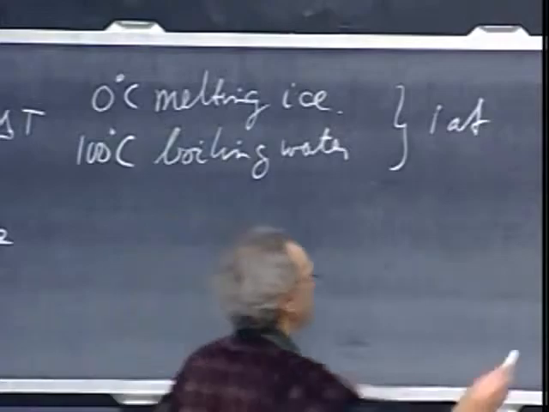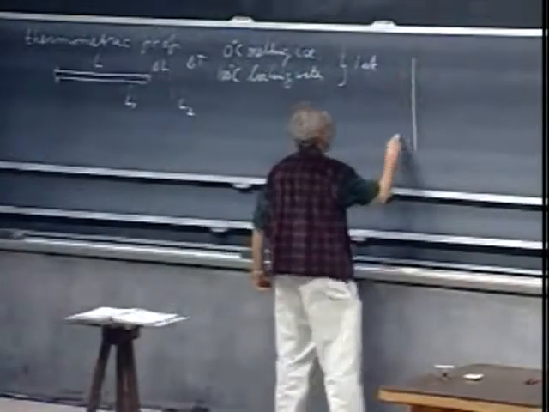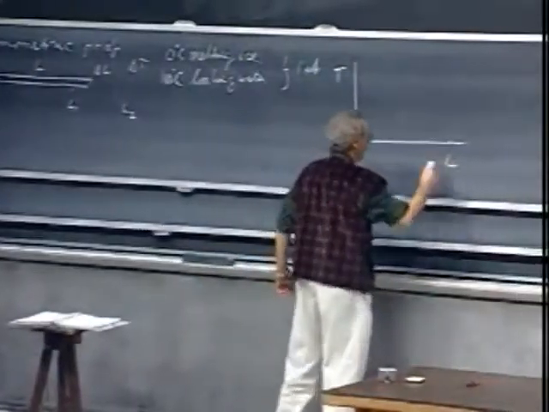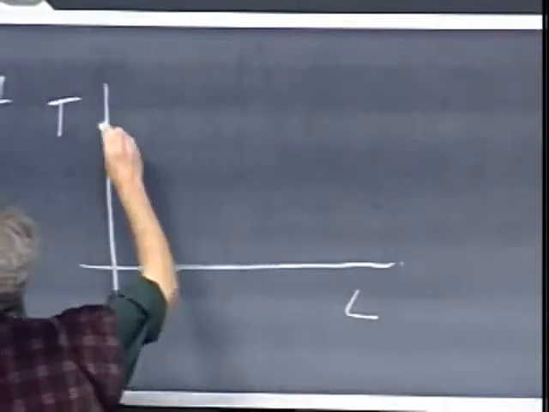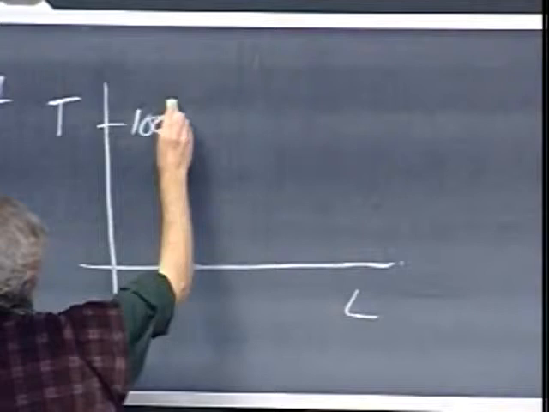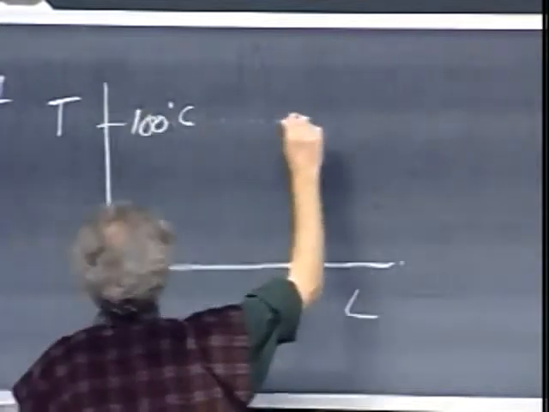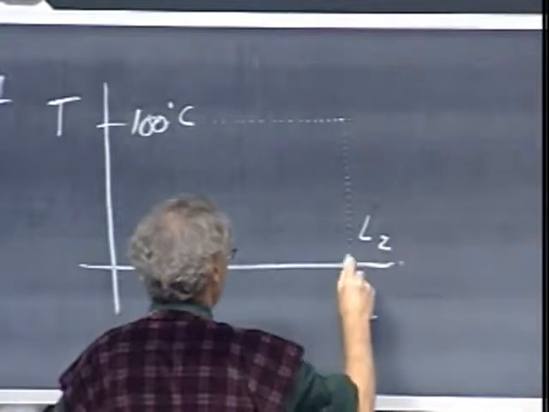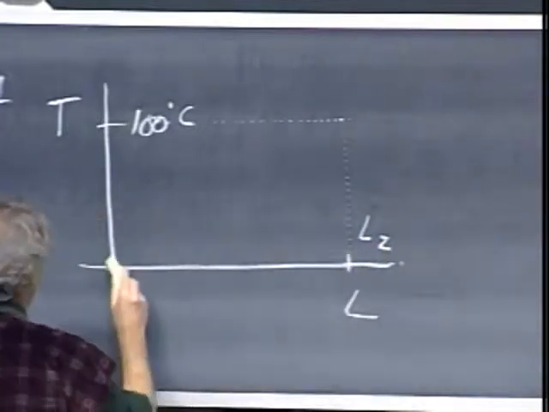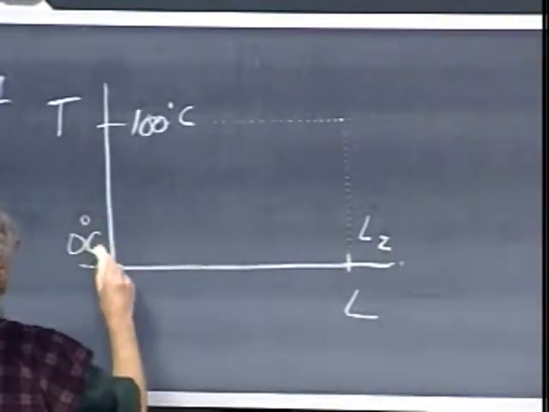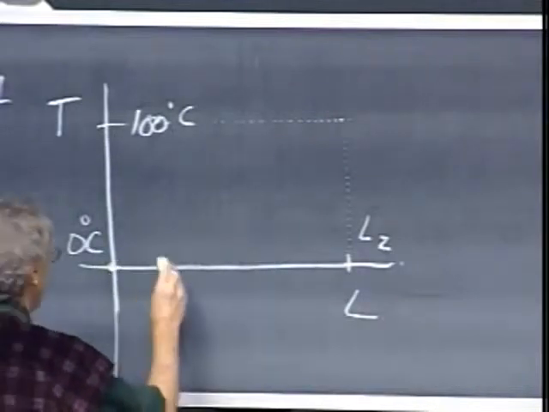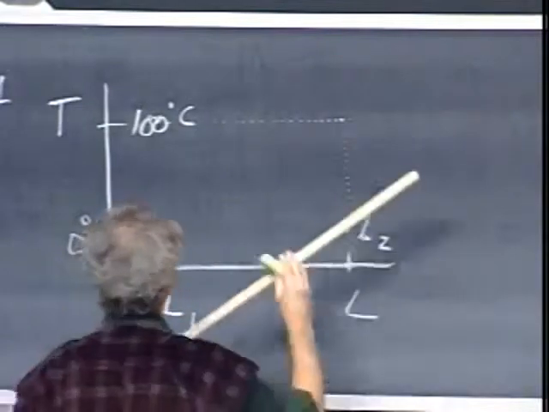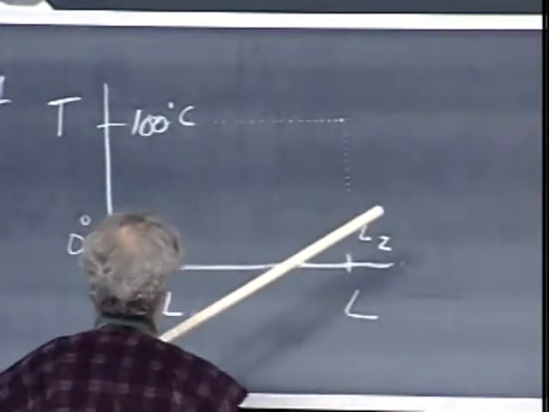So you could make yourself a plot now of the temperature versus the length of that bar, and you could say, okay, 100 degrees centigrade if the length of the bar is L2, 0 degrees centigrade if the length of the bar is L1. And now you can draw a straight line. You can always draw a straight line through 2 points.